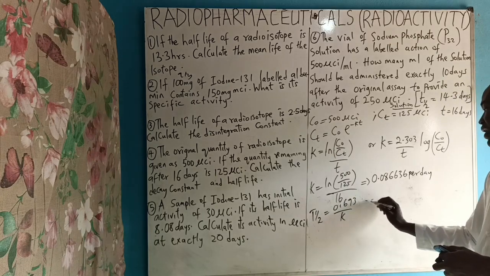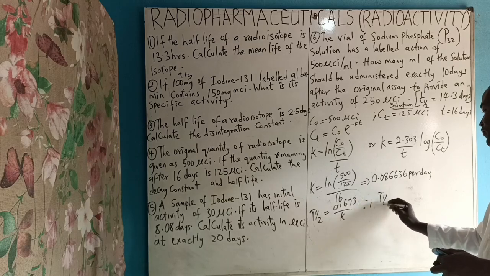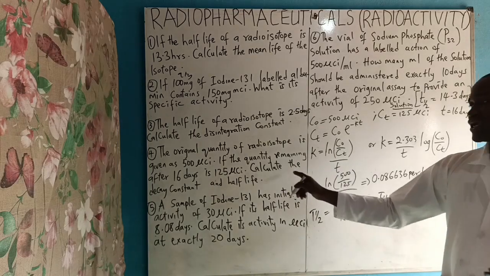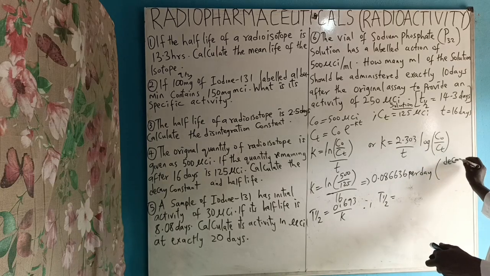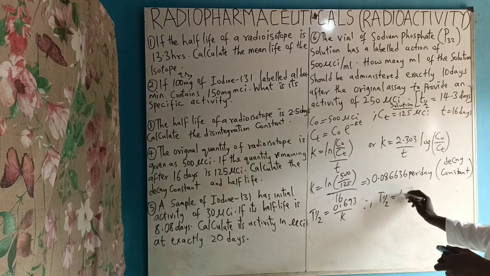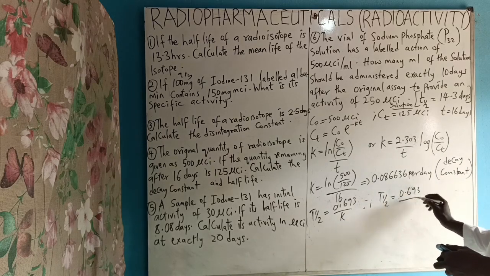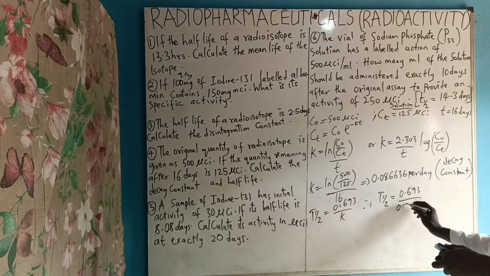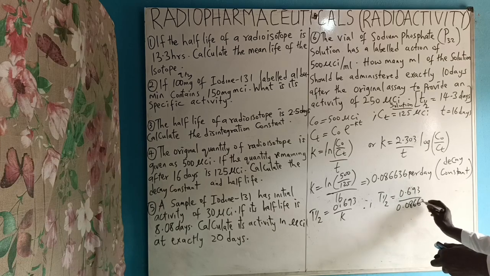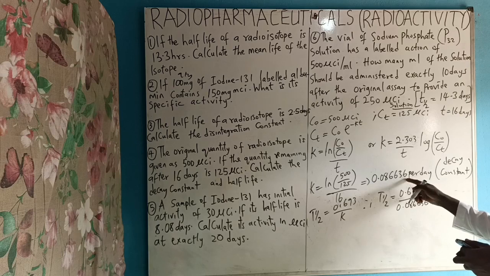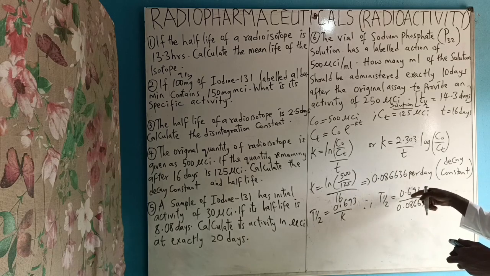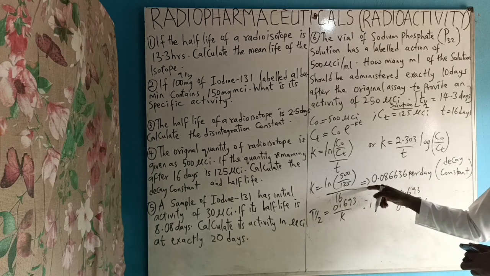And so recall that your half-life is equal to 0.693 over K. Because they say we should get the decay constant, which is this, this is your decay constant. Then for half-life, 0.693 all over your K, 0.086636. Why we use a longer number is because we are still going to get half-life. This is not the end of the question they asked us.